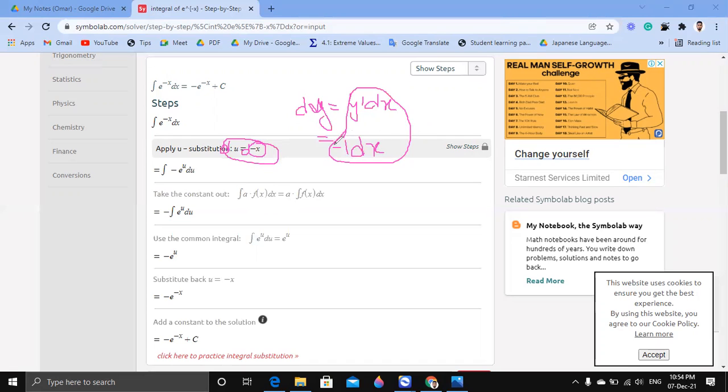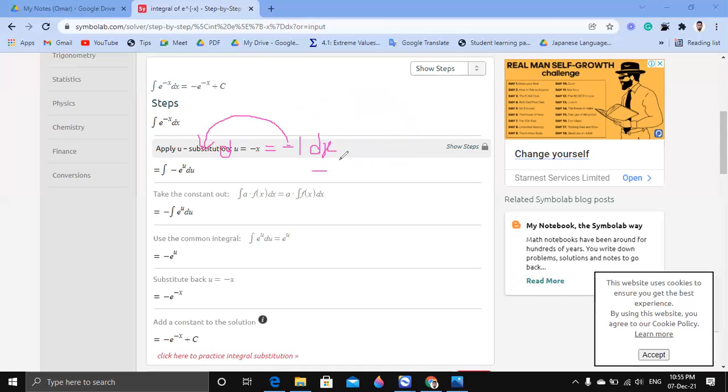So now we can just write down here minus dx. We need to take this minus to the other side. So we got here du, and the right part will be minus 1 dx. Am I right? So now if I take this minus to the other side, I will get minus du is equal to dx.